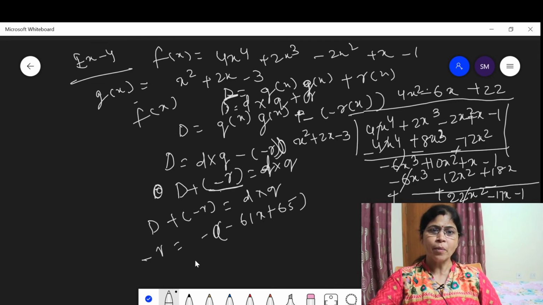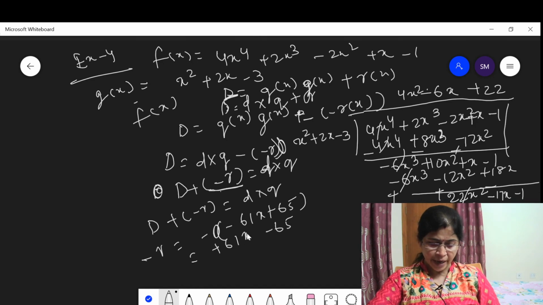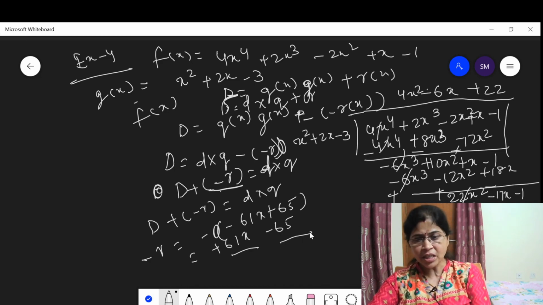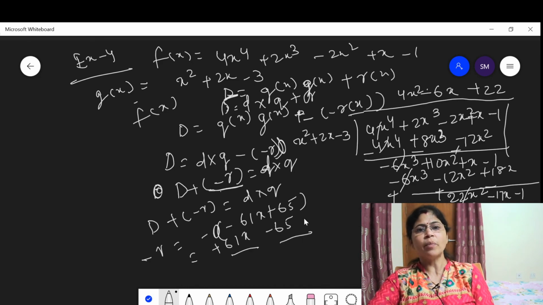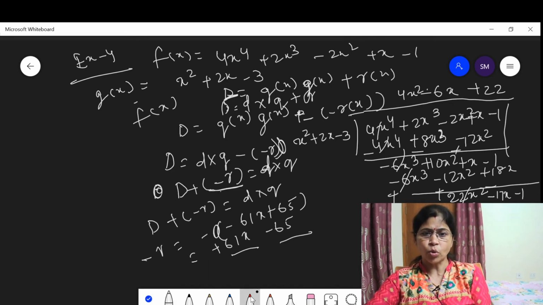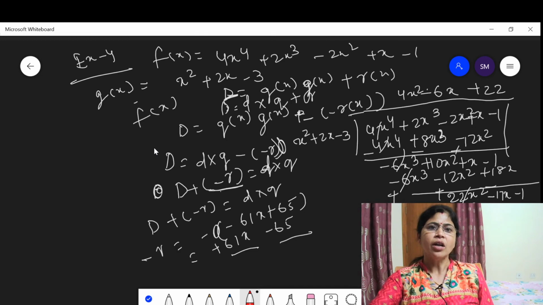What should be added is plus 61x minus 65. When f(x) is added with 61x minus 65, then this will be completely divisible by g(x) according to the question. Look at here students, at first try to understand the questions.